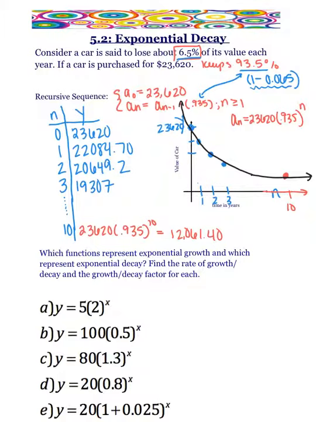So a few things about exponential decay. When I'm looking at my base formula, which is actually the same thing as growth, y equals a times b raised to the x, except for now the b value is in between 0 and 1. And it's no longer called a growth factor, it is called a decay factor.